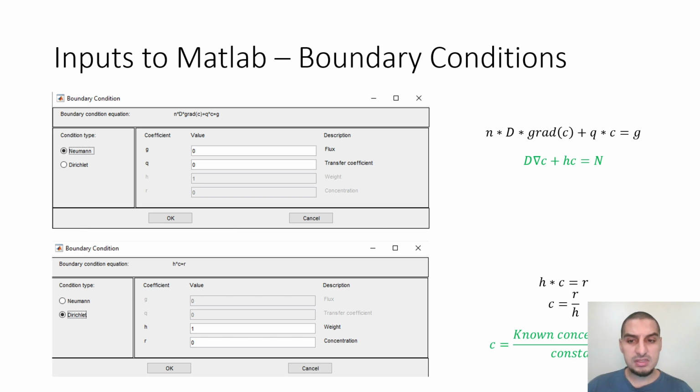And q is the transfer coefficient, which is the heat transfer coefficient in case you have heat transfer or the boundary condition as convection. And d multiplied by gradient of c, the diffusivity multiplied by the gradient of c, might be a shape of a boundary condition.